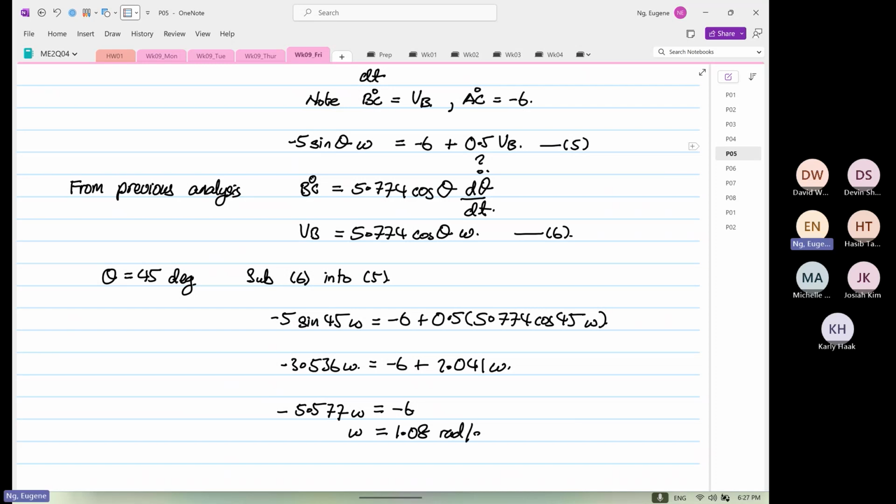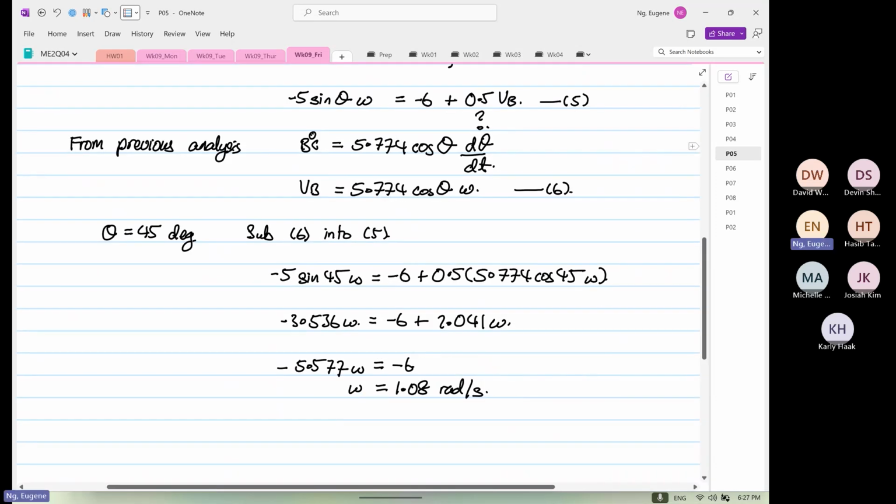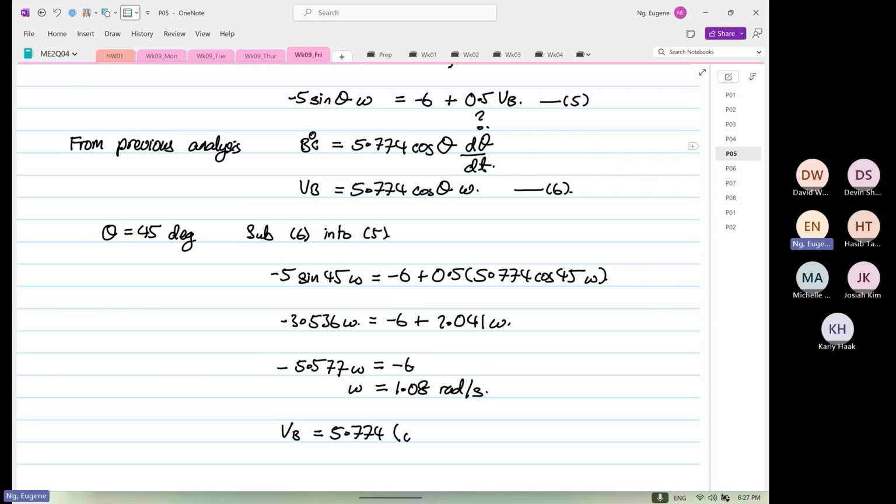Then VB is equal to 5.774 multiplied by cos 45 multiplied by 1.08.